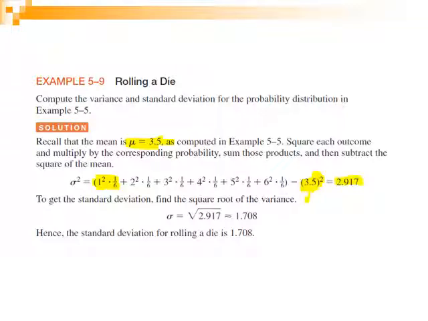To get the standard deviation, we take the square root of the variance, and the value is 1.708. Hence, the standard deviation for rolling a die is 1.708.